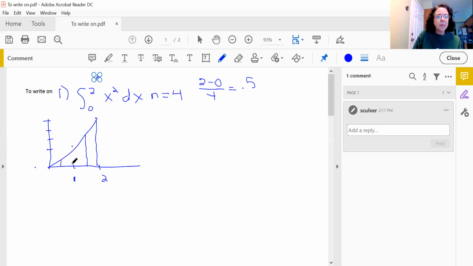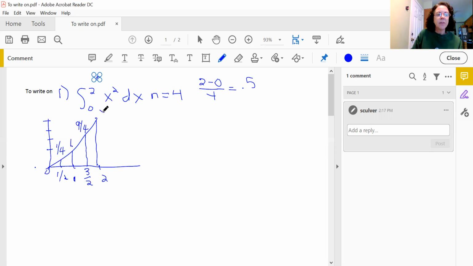So this is at 1/2 right here. It's hard writing small. So that would be 1/4 as the function value, right? At 0, we have 0. At 1, we have a function value of 1. At 3/2, the function value would be 9/4, because it's 3/2 squared, right?